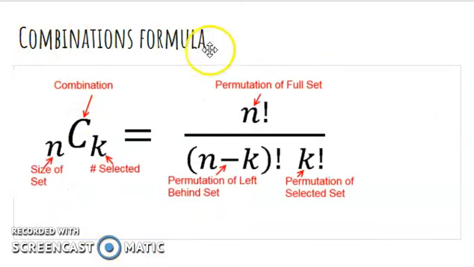So the combinations formula is C(n, k), where n is equal to the size of the set and k is the number selected. And as you can see here, the combinations formula is basically just an addition to the permutations formula, because combinations are basically permutations except without those redundancies, because we don't care about order in combinations.